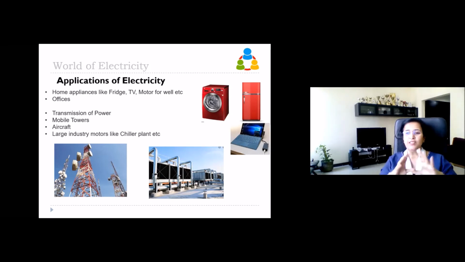It needs big equipment. The 240 volt supply which we use at home will not be sufficient for that equipment because it will not be economically viable. That's why you might have heard about single phase and 3-phase supply.